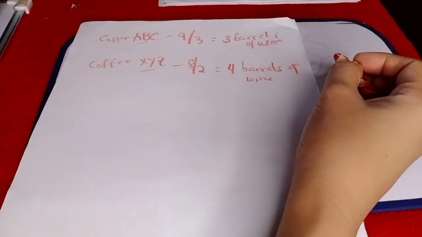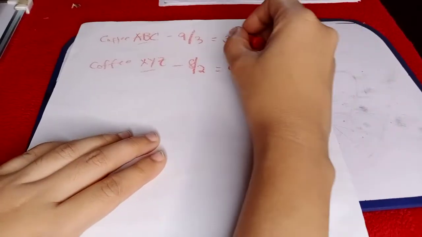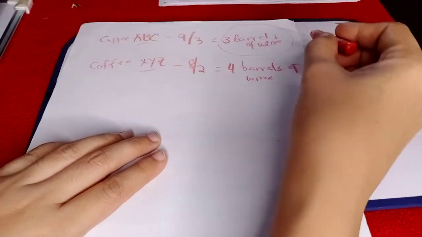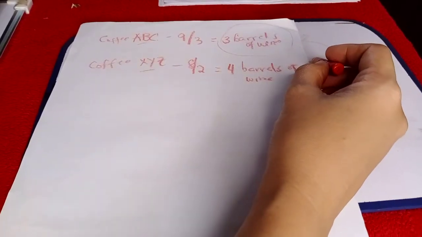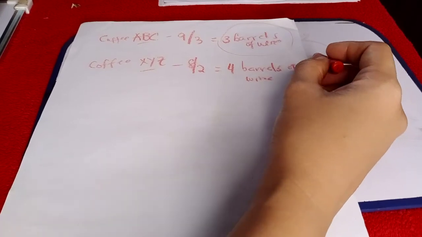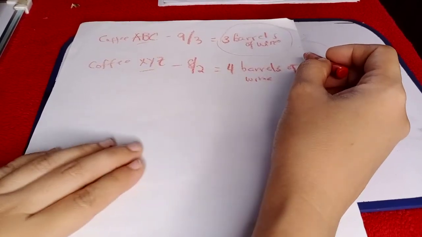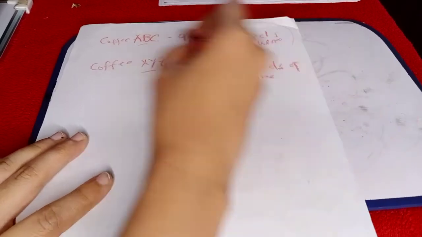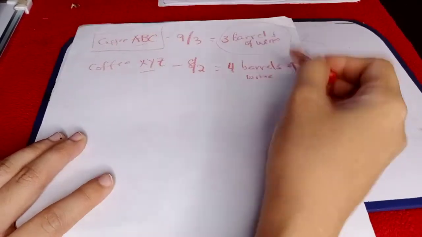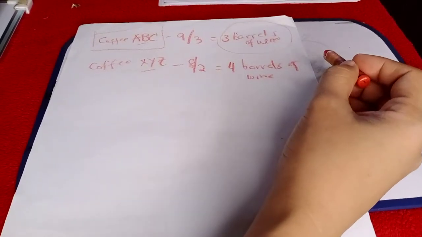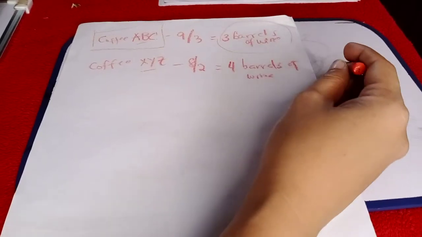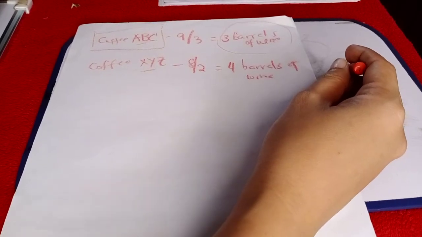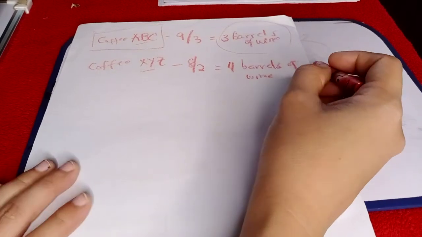So since coffee ABC has fewer barrels of wine to sacrifice, which means they are the greater producer of coffee, coffee ABC has a comparative advantage in producing only coffee over coffee XYZ.